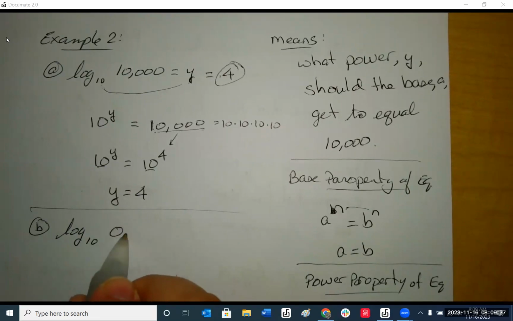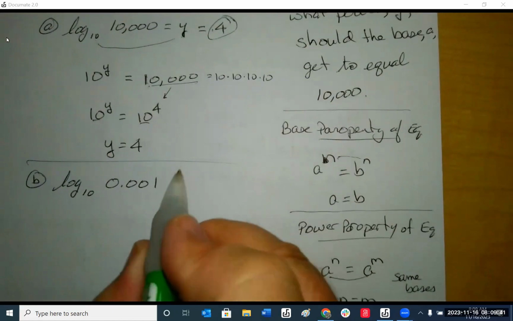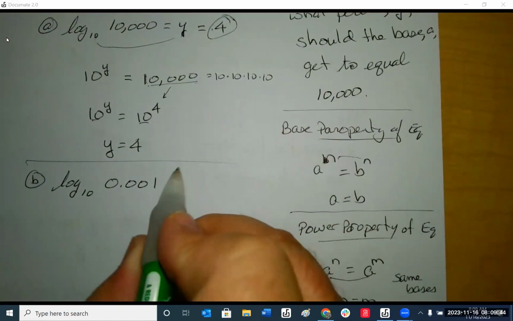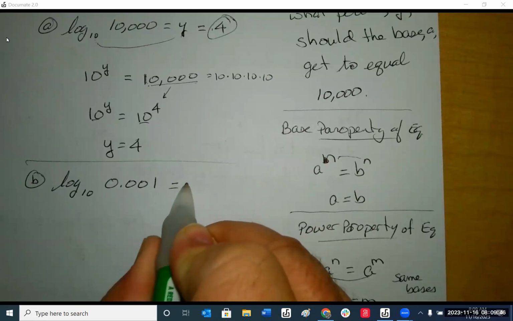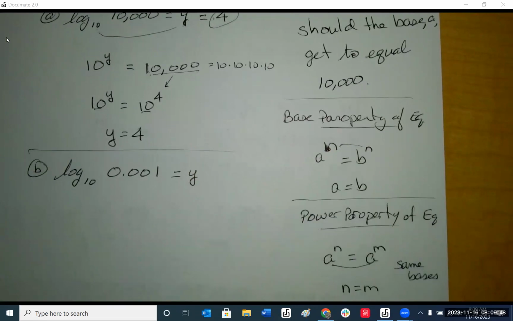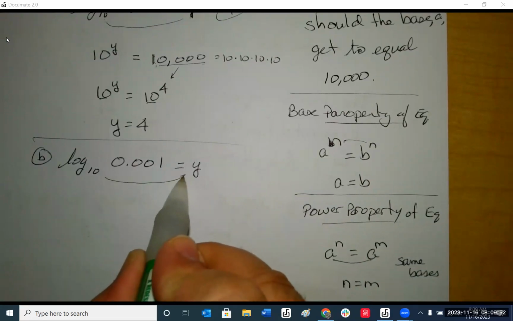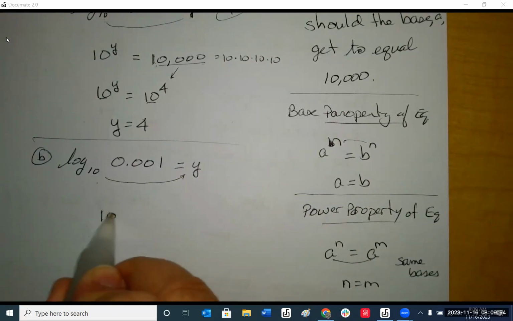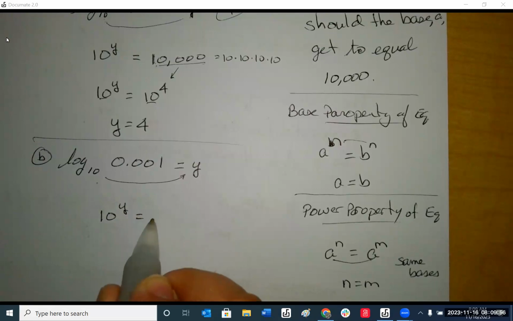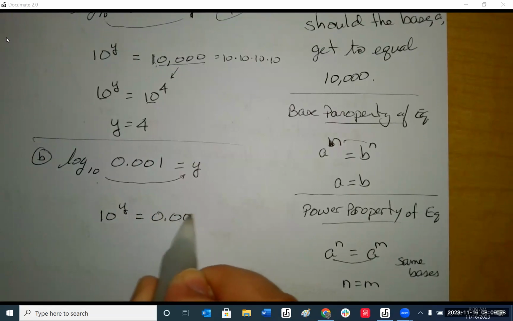Log base 10 of 0.001. So we know it has to equal something. So I'm going to say it equals y. Let's convert it. So we have 10 to the power y is equal to 0.001.